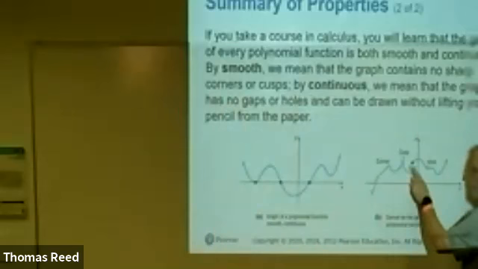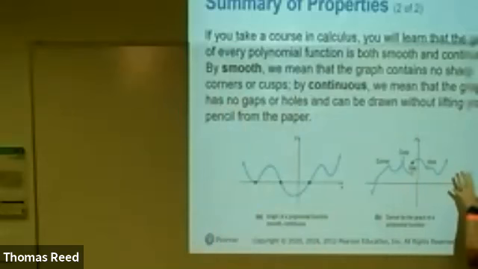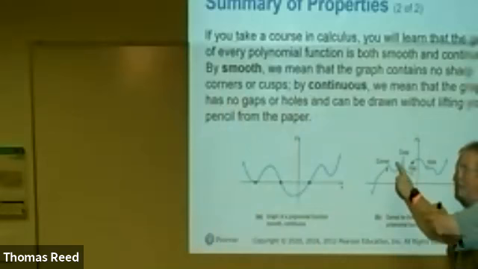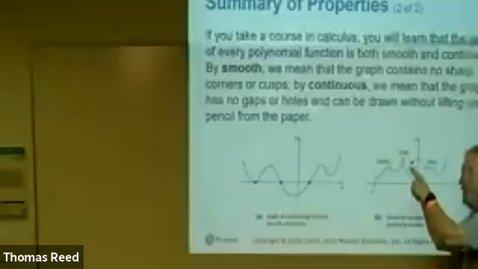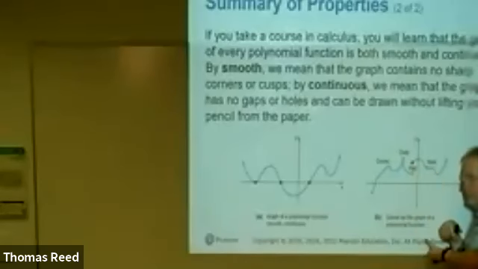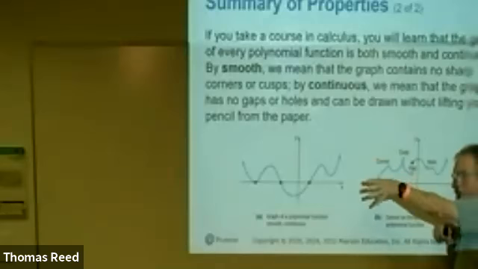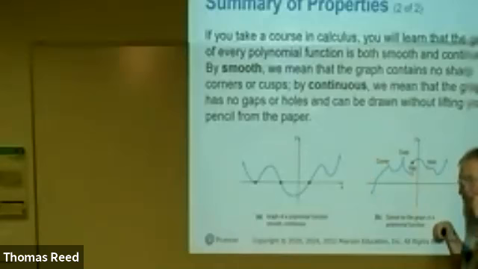So this is not a polynomial function for several reasons. Two of which is that it's not smooth because of the corner and the cusp, and it has a gap and a hole, so it's not continuous. Where letter A can be the graph of a polynomial function because it's both smooth and continuous.